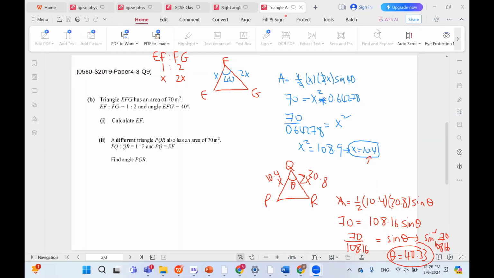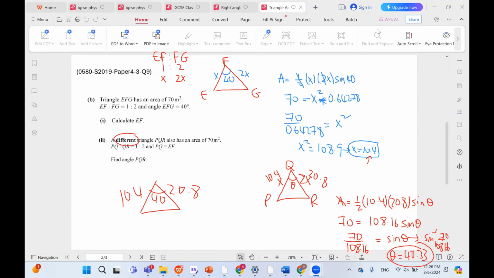But the problem here is that if we use theta equals 40, it becomes the exact same triangle, because now we have, again, triangle 10.4, 20.8, and angle 40 point whatever. So it's the exact same triangle, but they have here a different triangle.